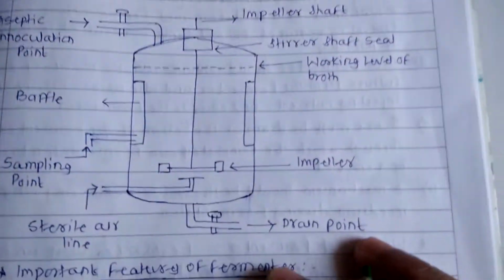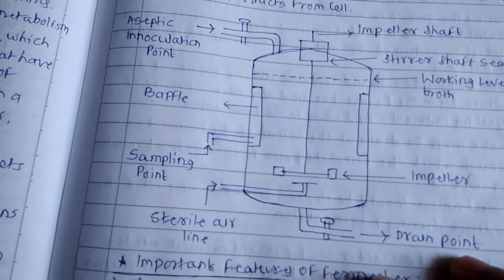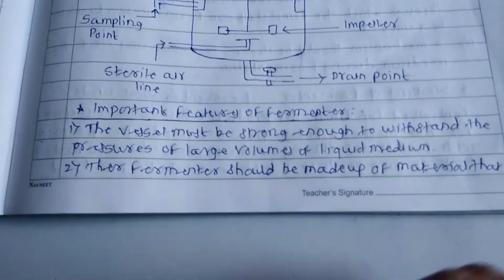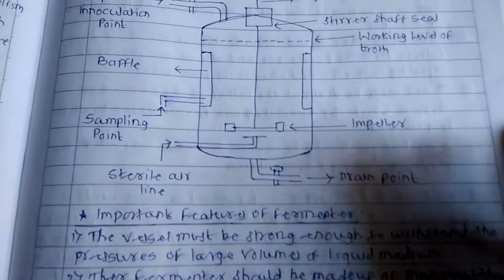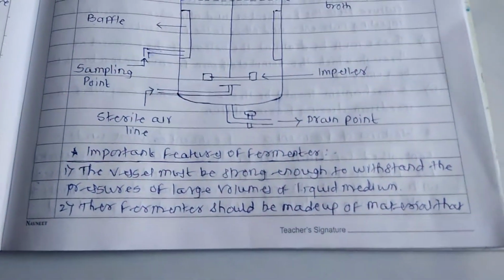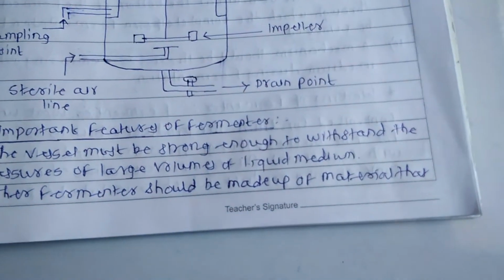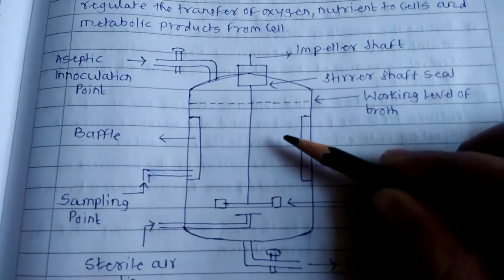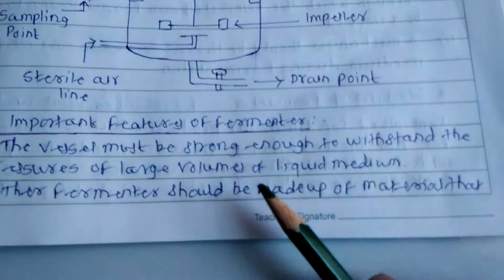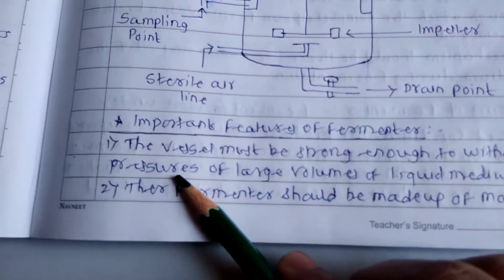Now this is the structure of the fermenter. There are some ideal properties of a fermenter. The first ideal property is that the fermenter must withstand the pressure of a large volume of liquid media which is added to the fermenter.